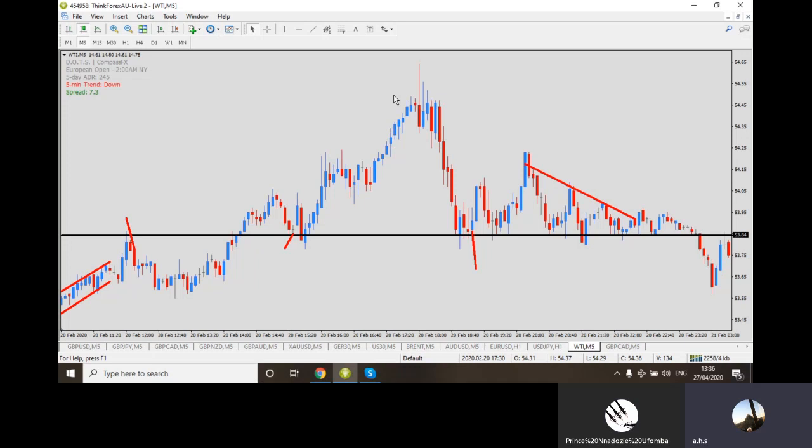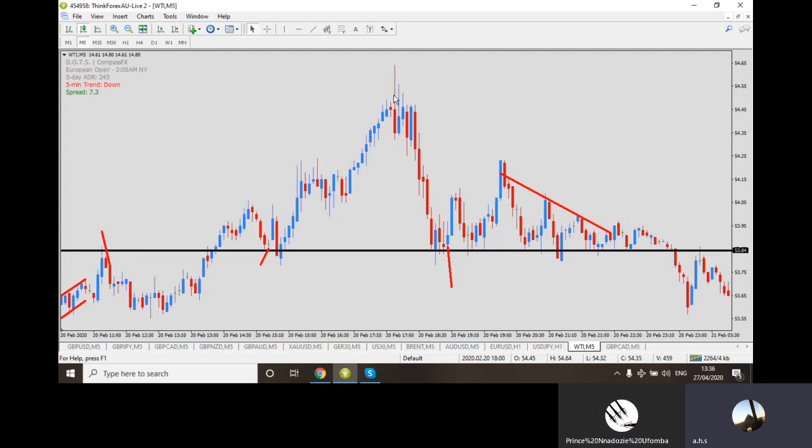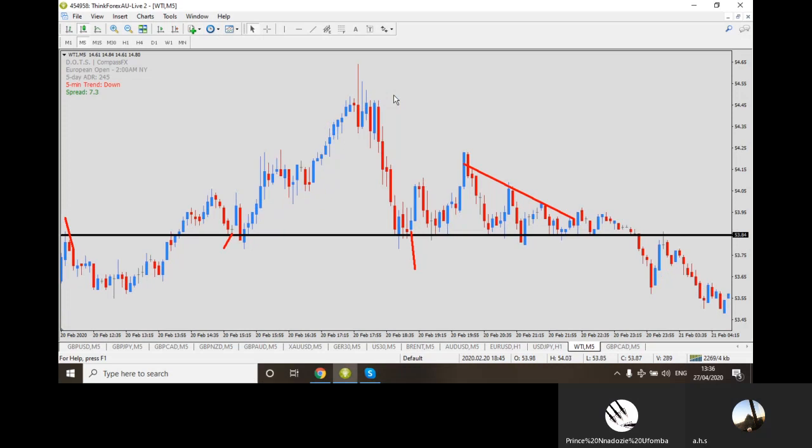And it tests. Okay, now we go short as an Asia trade, with the stop above that doji candle. Great shot so far. Now on this entry, the stop is a break-even stop.